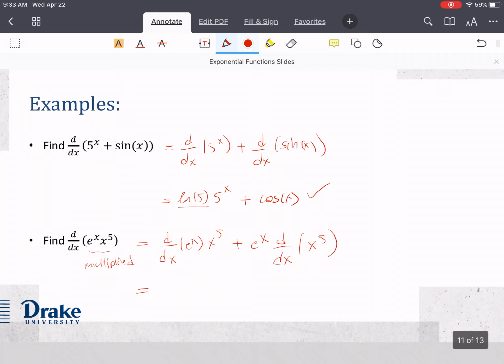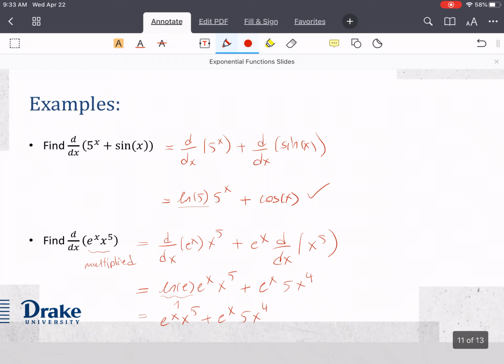Then the derivative of e to the x I learned is just ln e times e to the x, times x to the 5, plus e to the x, and the derivative of x to the 5th is basically 5x to the 4th. Realize ln e is always 1, so I'm just going to say e to the x, x to the 5th, plus e to the x, 5x to the 4th. And that would be a result.